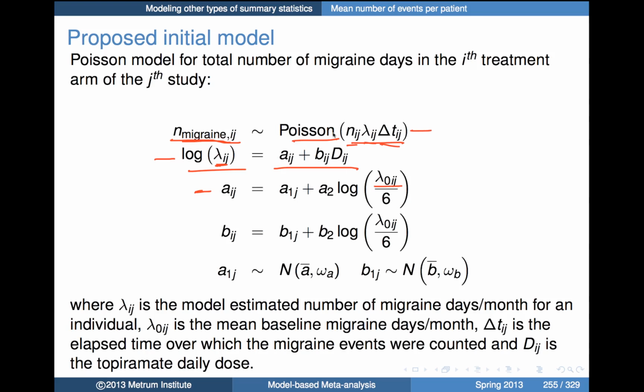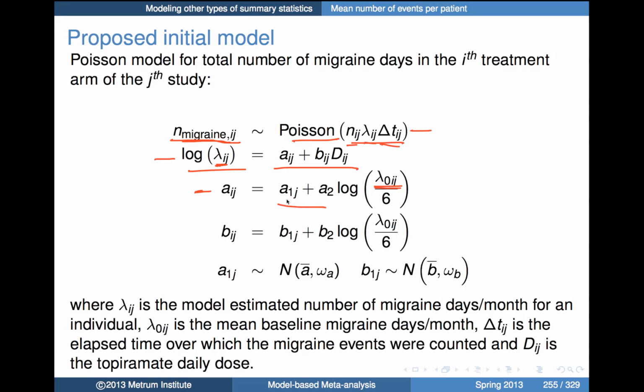Typically what's done in these trials is that the baseline period is 4 weeks, so it's 4 weeks prior to starting the active treatment medication. They do a period of 4 weeks of observation and count up the number of migraine days. Generally, this is done by having patients fill out a daily diary to indicate whether or not they experienced a migraine, as well as capturing other information. So that's going to be an observed baseline measurement in this case, again averaged over all the patients. So I've got that.